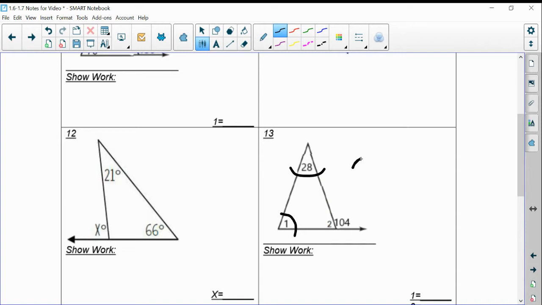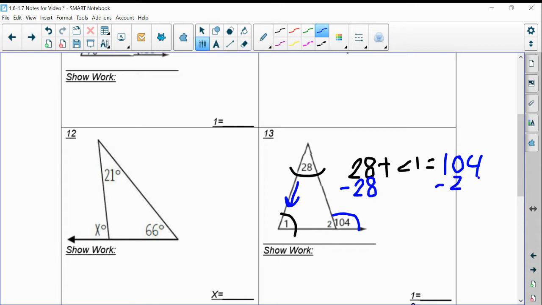Well, I still know that this 28 degrees and angle 1 is going to equal that exterior angle. They're still going to add together to equal it. We just have different parts of our equation now. We know that this angle and this angle, non-adjacent interior angles, are going to equal that exterior angle. So instead of adding, we're going to subtract.